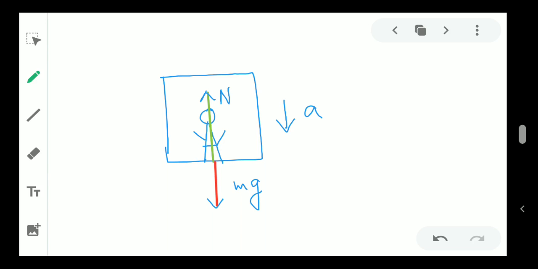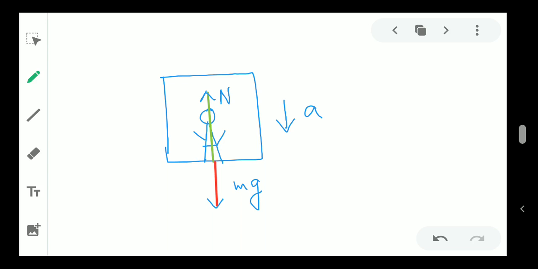So even if the lift is going downward with an acceleration, your body will show laziness, that is the inertia, and it will try to stay in its previous state. That means your body wants to go upside, so that even if the lift is going down, the body can stay in its previous state.